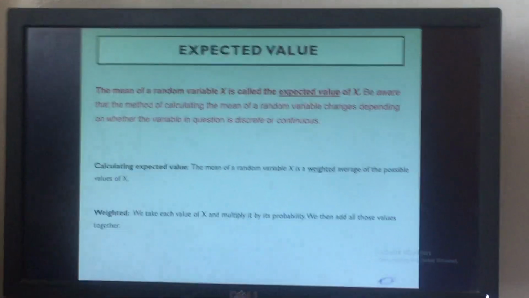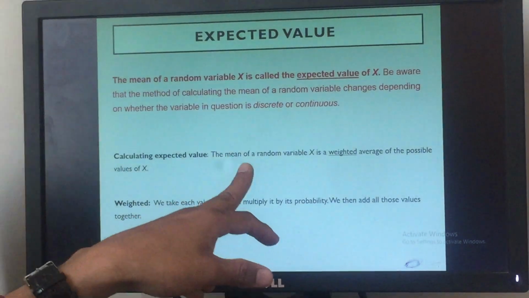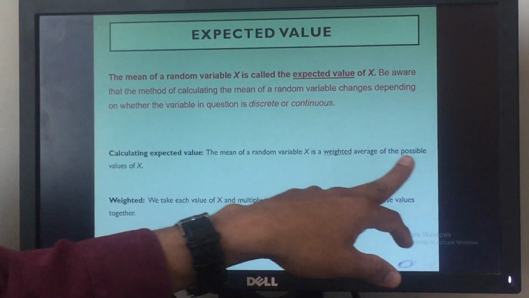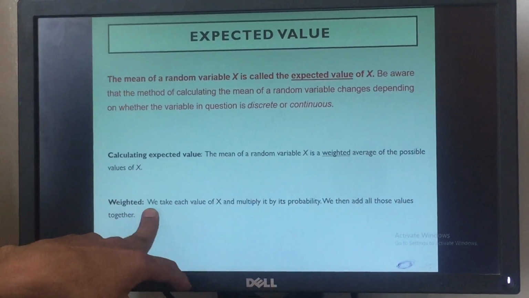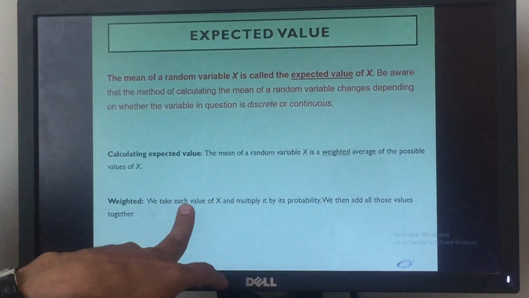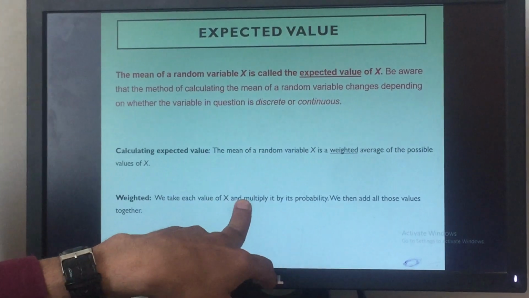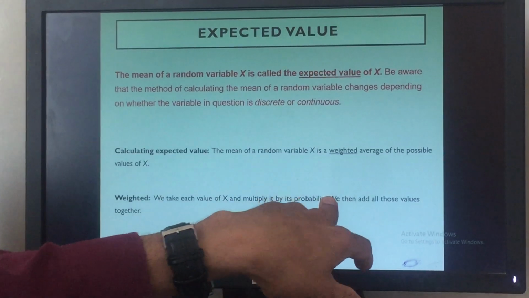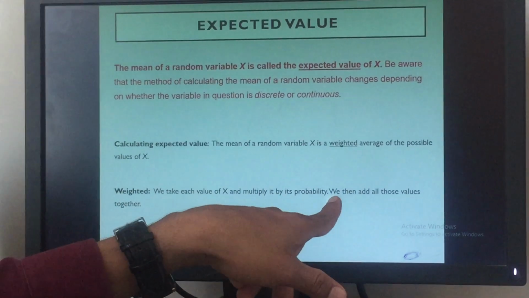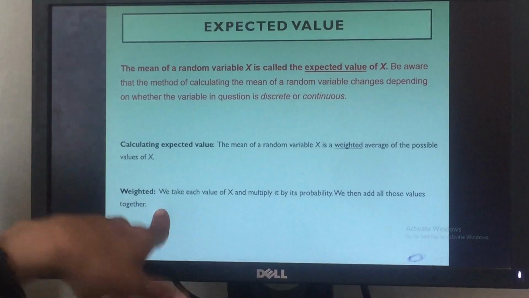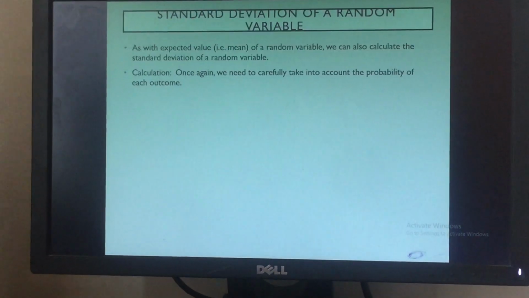It is the weighted average of the possible values of x. What is weighted? We take each value of x and multiply it by its probability, x times p, and then add all those values together. This is a weighted mean, right?